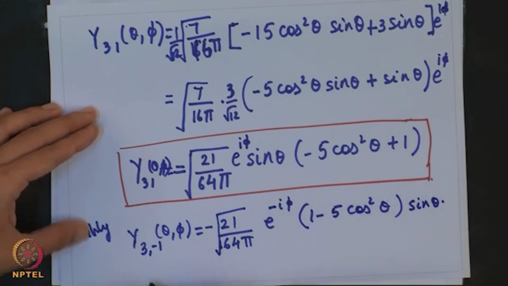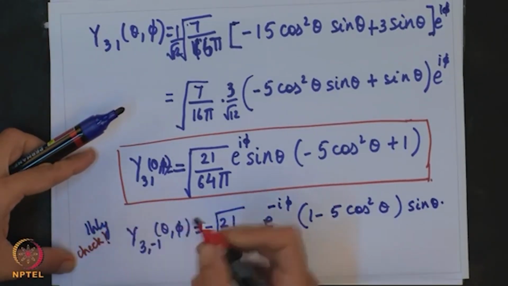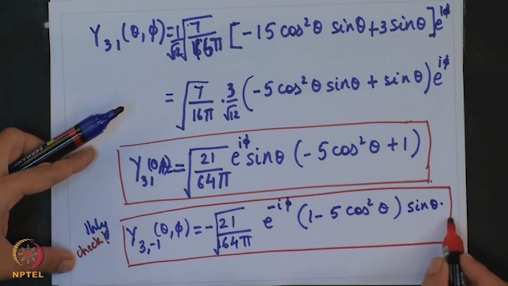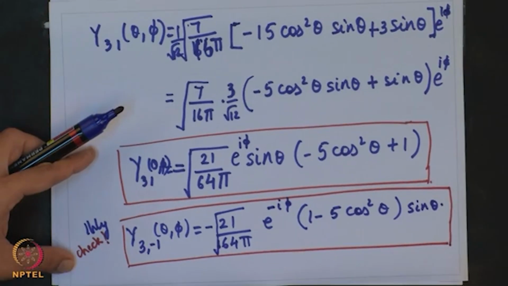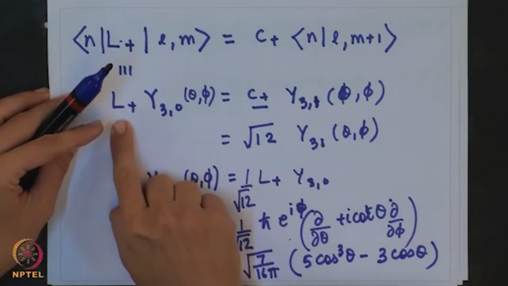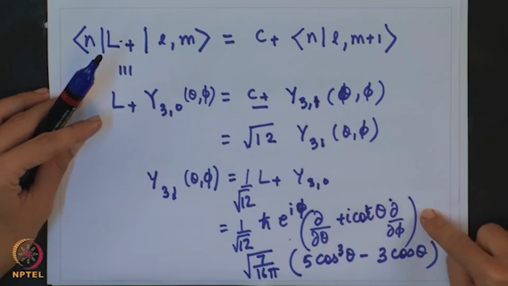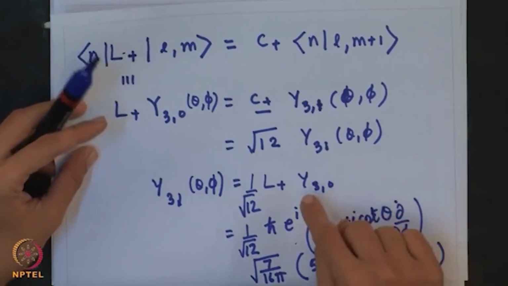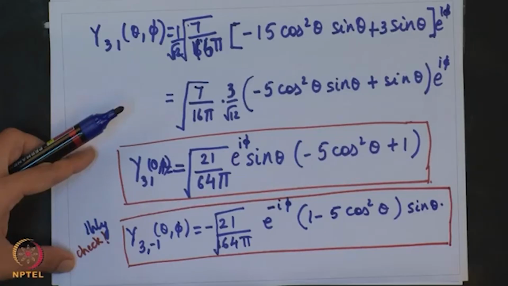This is the result you can check. The crucial part here was that you write L plus in terms of polar coordinates, operate it on the y30 given to you, and then you can easily see the result.